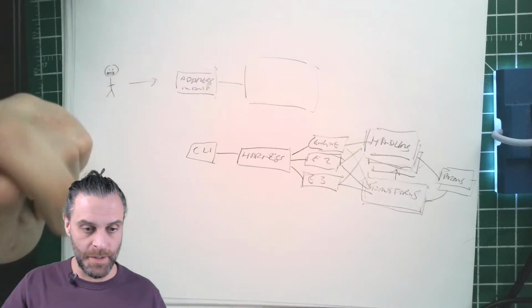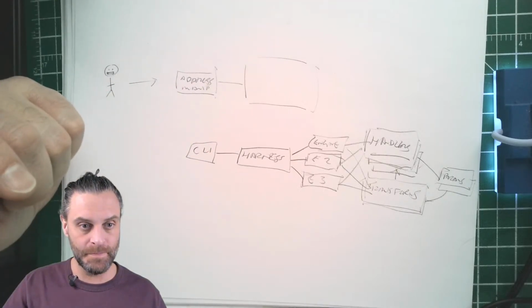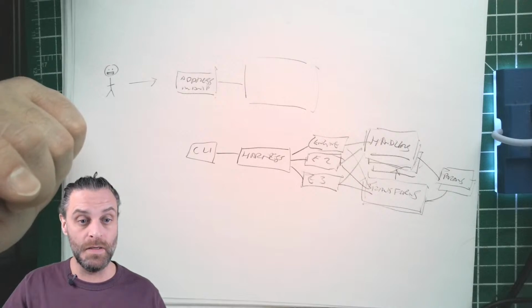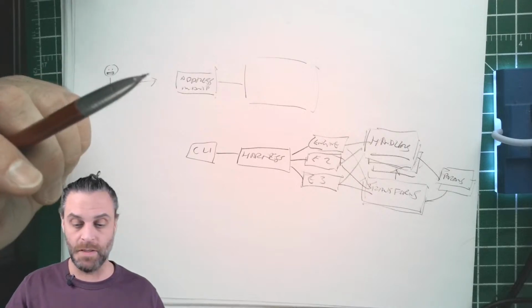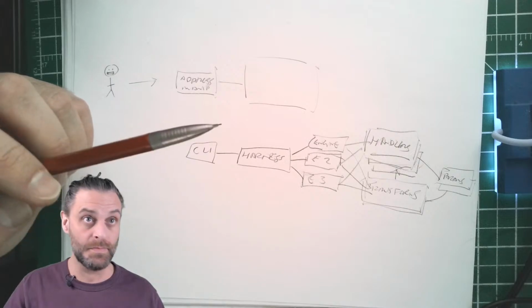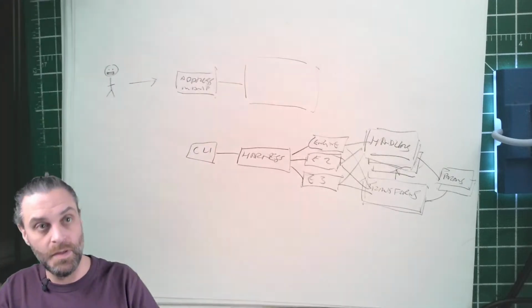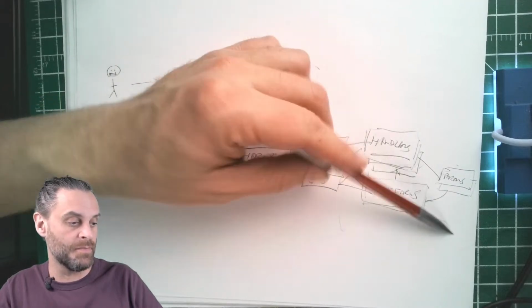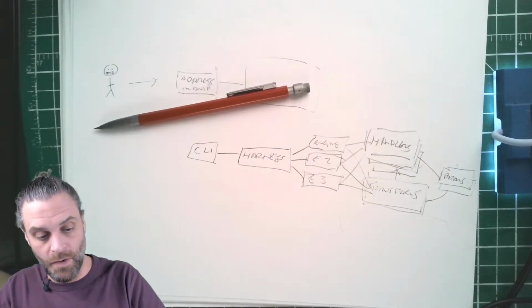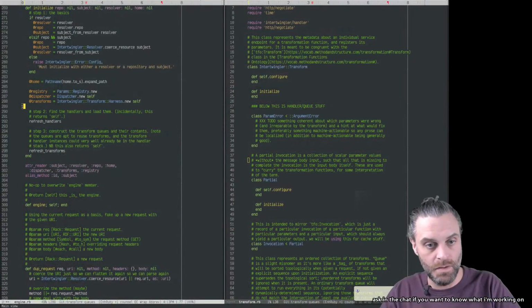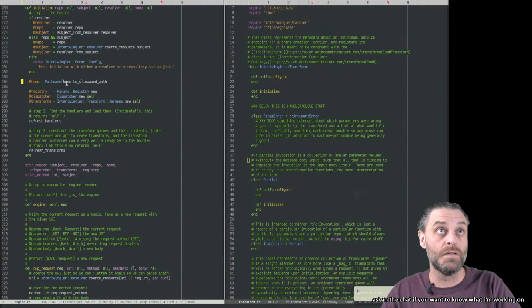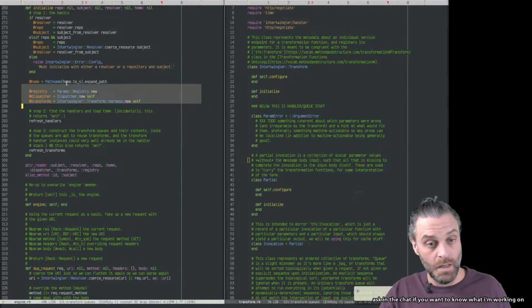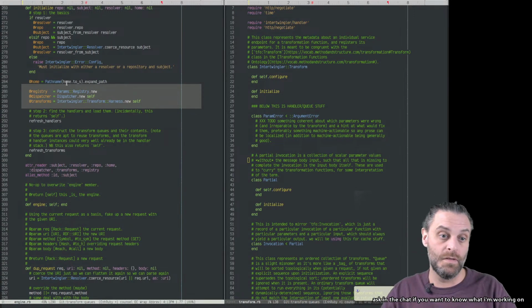You can see these things. So this is basically what I said: params, handlers, transforms. If I go here, you can see params, dispatcher.